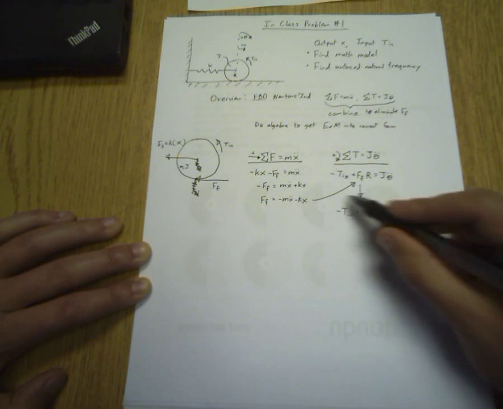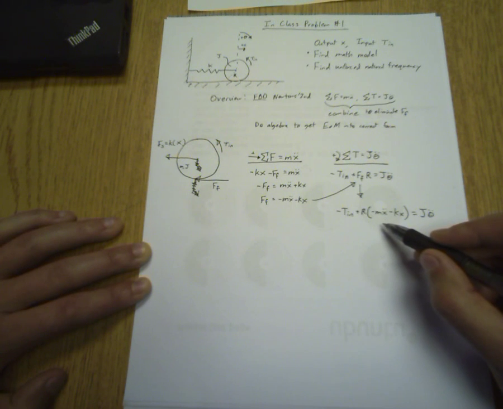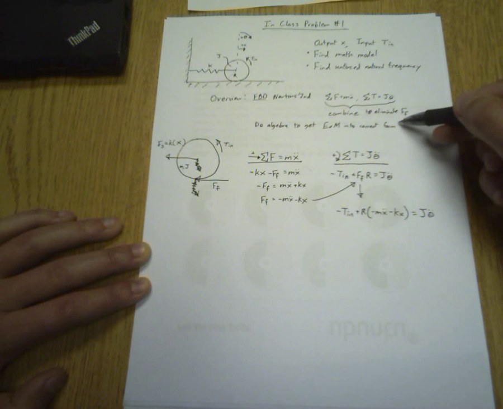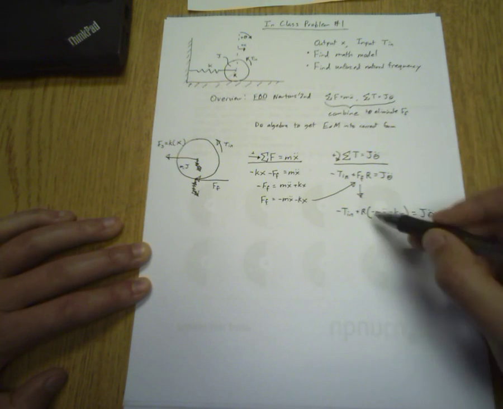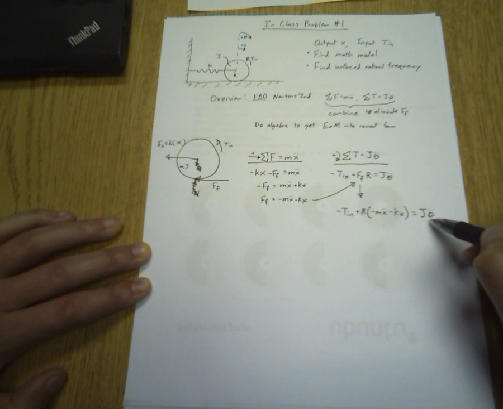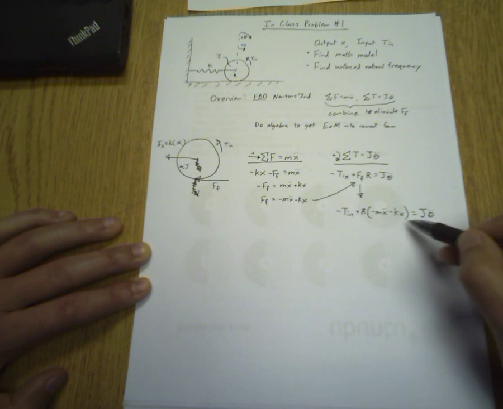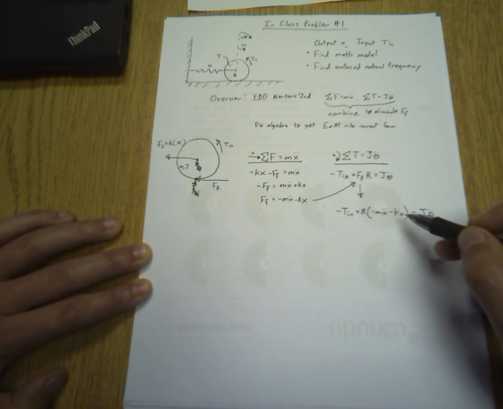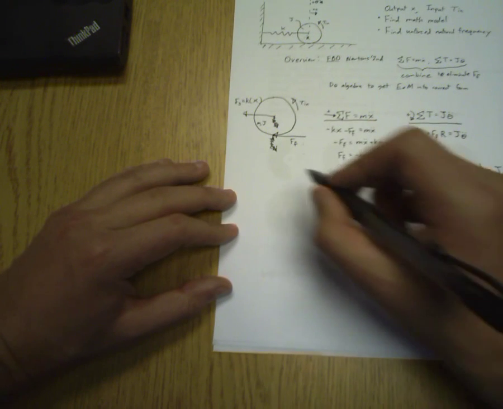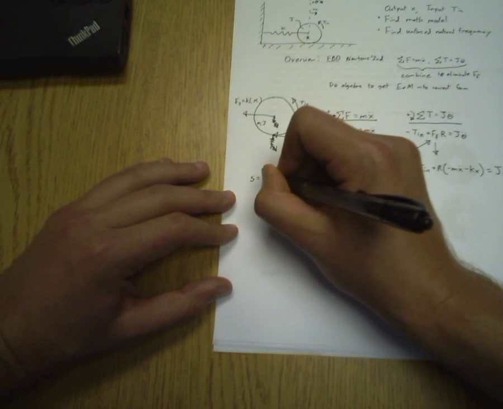This is my equation of motion, but I still have a lot of unknowns. So I need to apply algebra to get my equations of motion in the correct form. The first thing that's bothering me is that I have x's and thetas. This is rotational motion over here, and this is translational motion in the x. And the link between those two, as we discussed in class, comes from the arc length formula, s equals r theta.